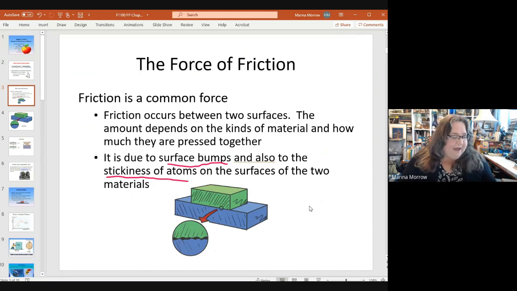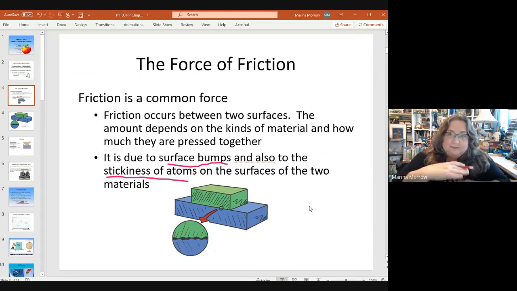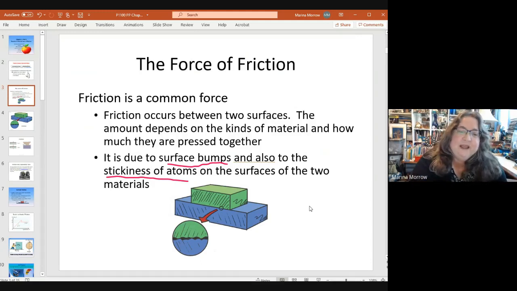Remember when we talked about the normal force, I talked about how electrons repel each other, and that's what keeps an object above a surface, and that provides the normal force because the electrons repel each other. But remember, there's more than electrons in an atom. There are protons. And so the protons in one material can be attracted to the electrons in the other material, and vice versa.